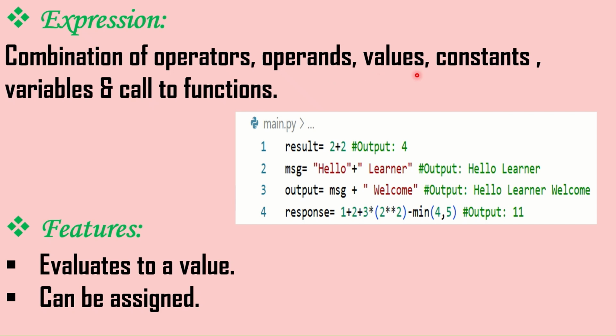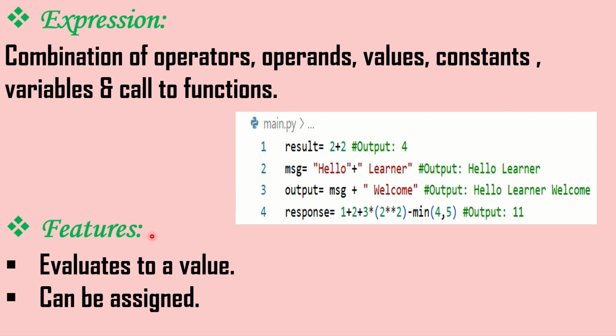Values are whichever values we mention in our code, and constants are the ones that are constant throughout the code. Variables are the ones that hold the values, and a call to a function means any function call is also a part of an expression. It is not mandatory that an expression must contain all of this, but an expression might be a combination of all of these: operators, operands, values, constants, variables, and calls to functions.